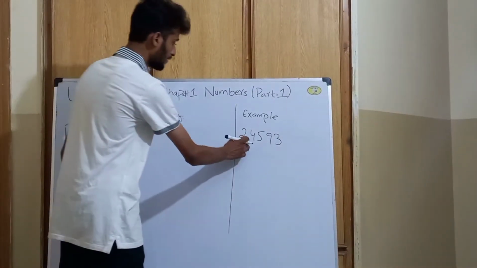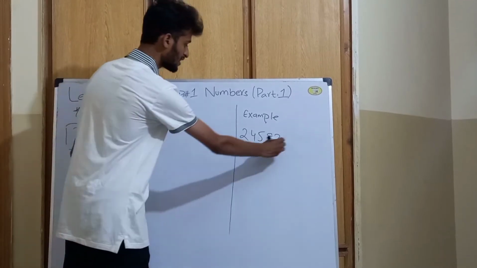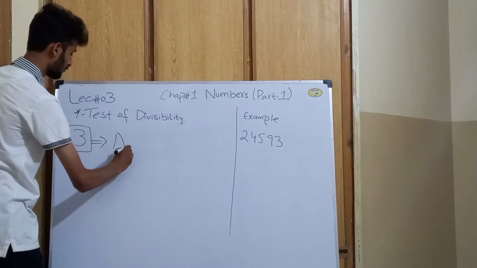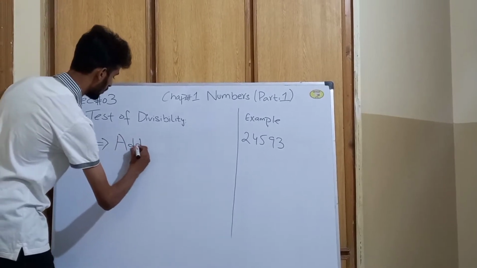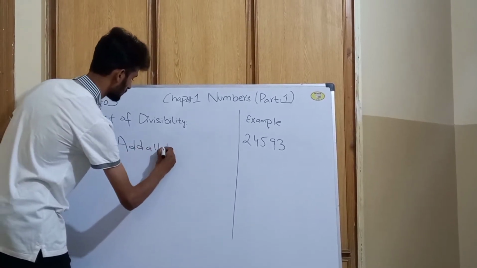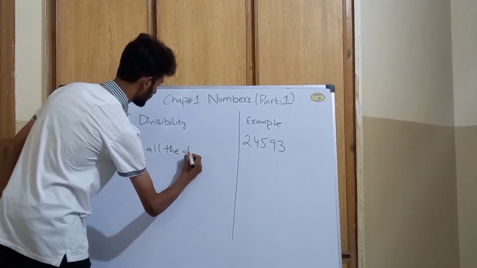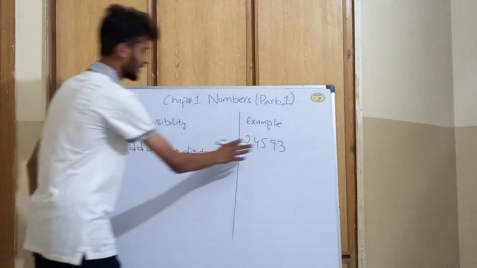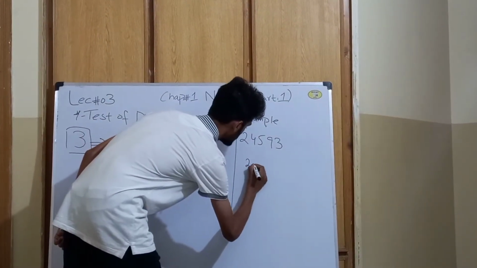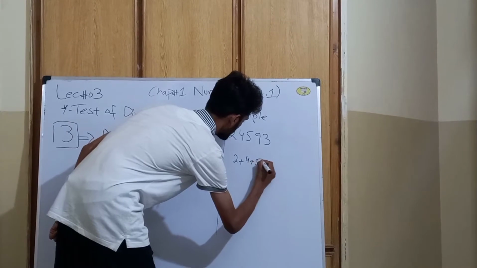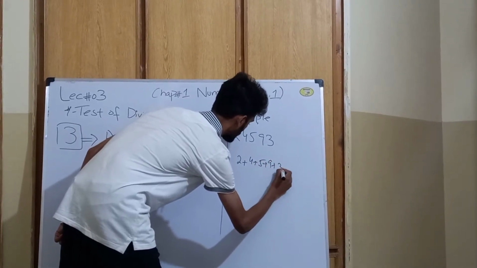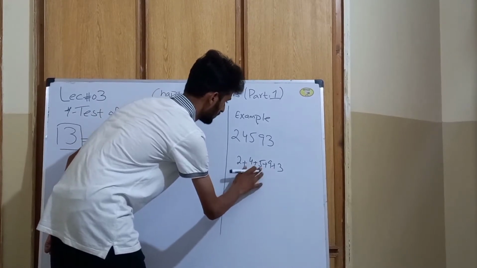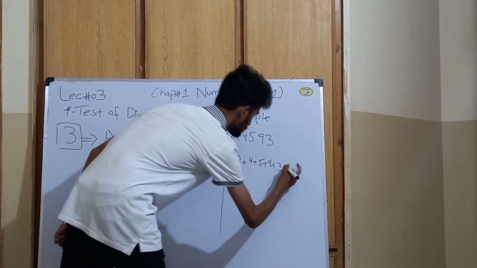Then we will add all the digits. So our first rule will be add all the digits. So let's apply this rule over here. We add all these digits, 2 plus 4 plus 5 plus 9 plus 3. So 6 plus 5, 11, 11 plus 9, 20, and the answer is 23.